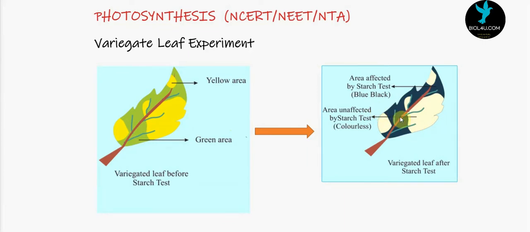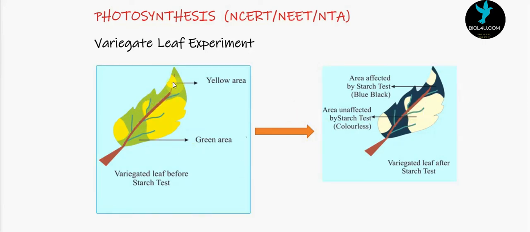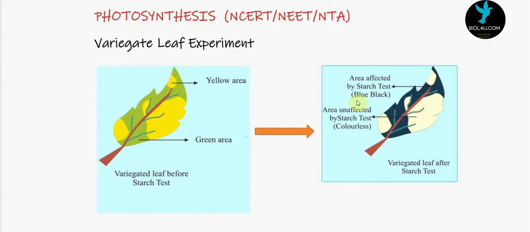Wherever the green color was present, there you will get the blue color, because iodine gives blue color in the presence of starch. So wherever the green color is present, you can see the blue color, due to the presence of starch.